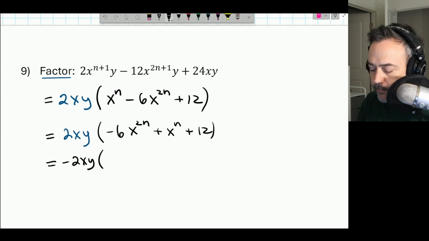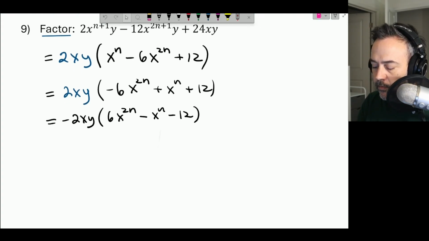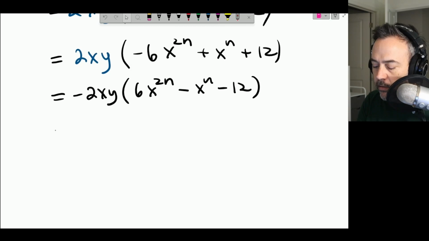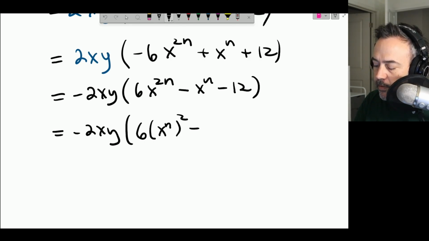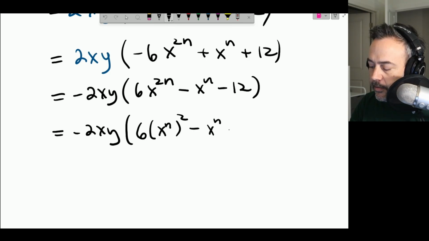2xy, parentheses, 6x to the 2n, switch the sign, switch the sign. Cool. Now, minus 2xy, and this is 6 parentheses x to the n squared minus x to the n minus 12.